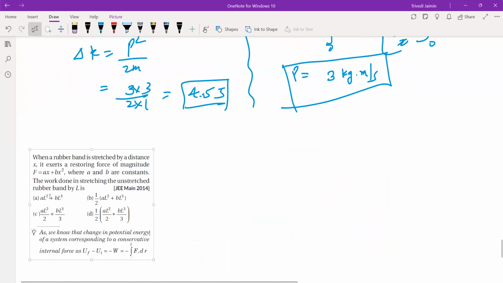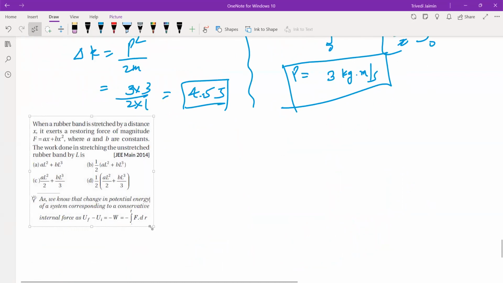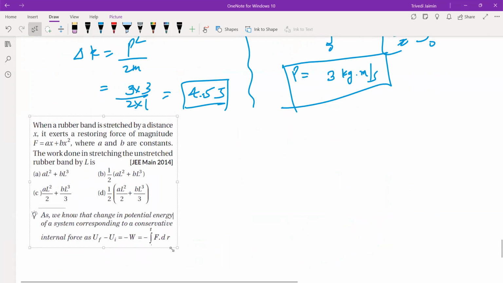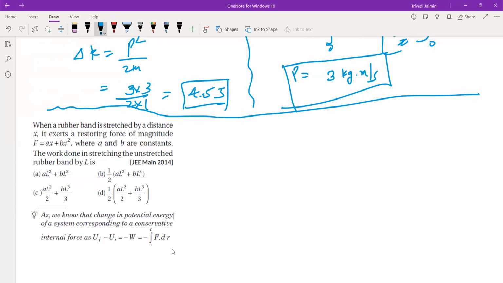Let's paste with the hint. You try this. See, there's a hint given.